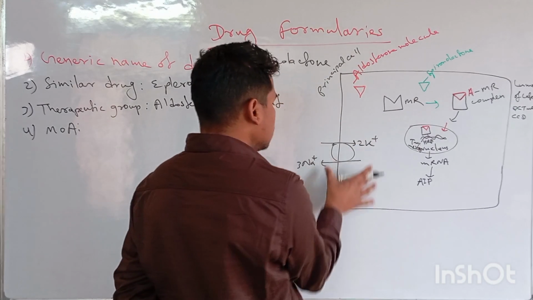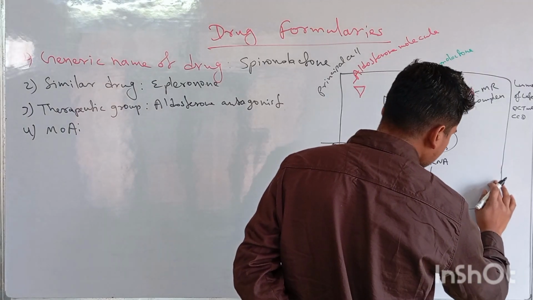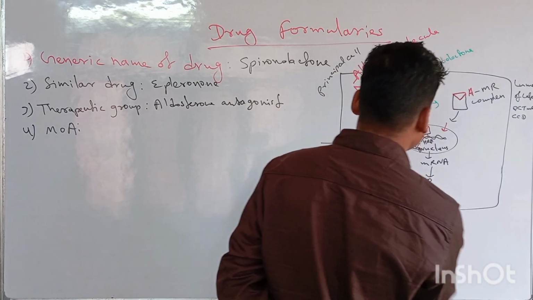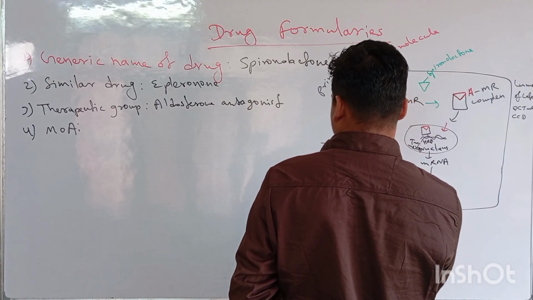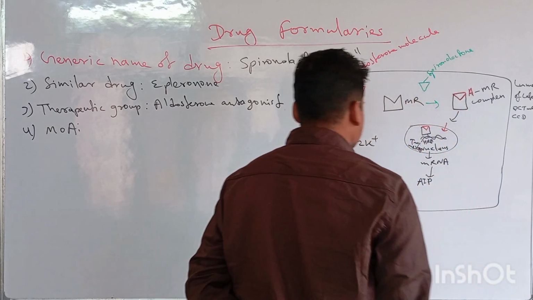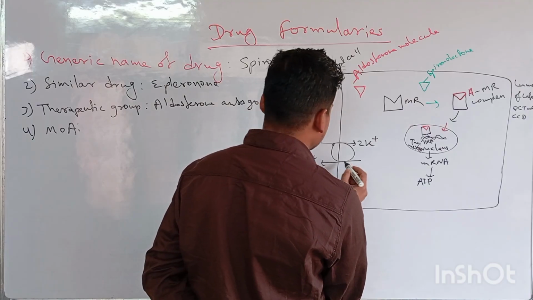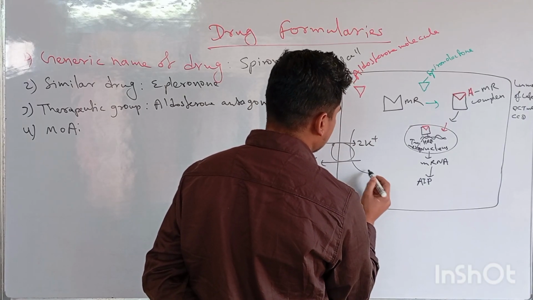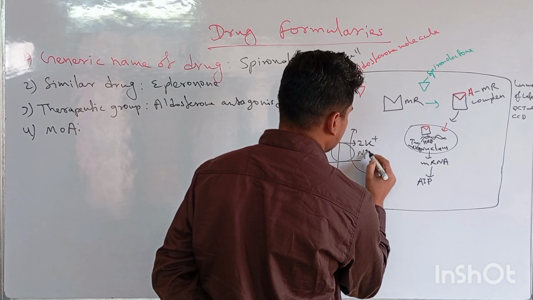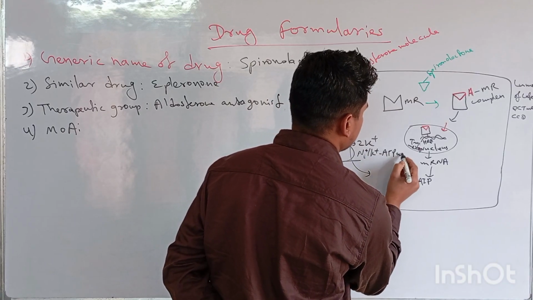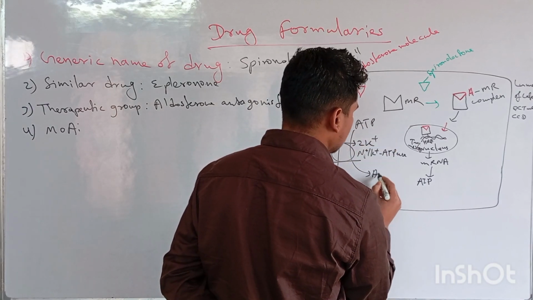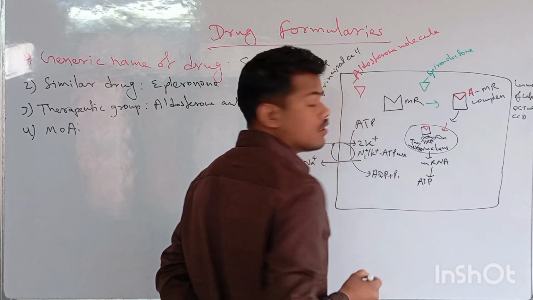I have talked in detail about this sodium potassium pump in the membrane potential lecture, so you can see the detailed description in that video. The sodium potassium ATPase is an enzyme protein that breaks ATP into ADP and inorganic phosphate.